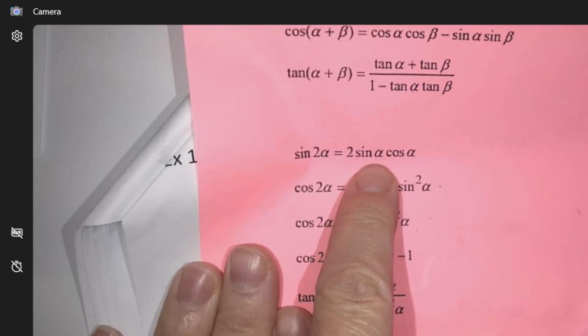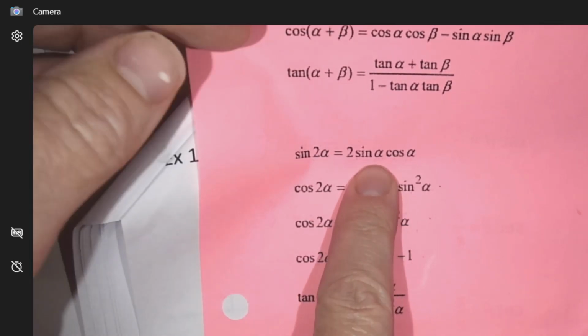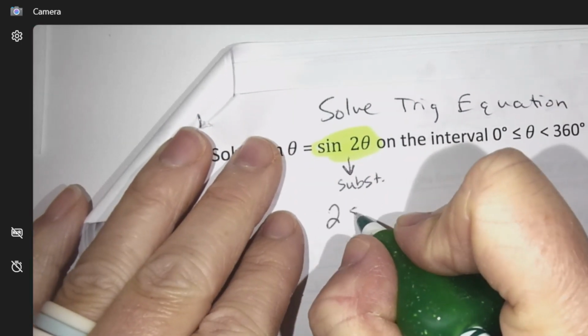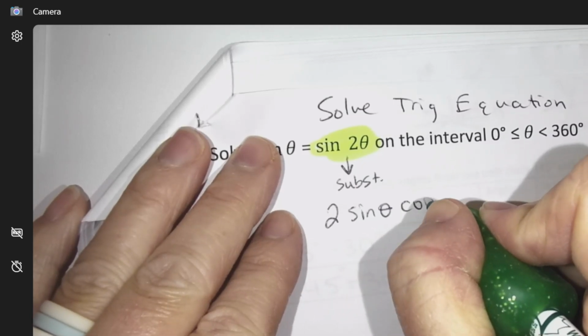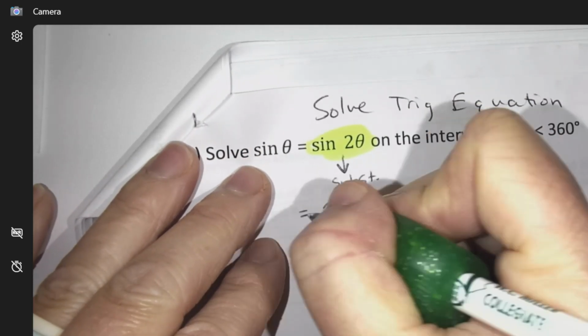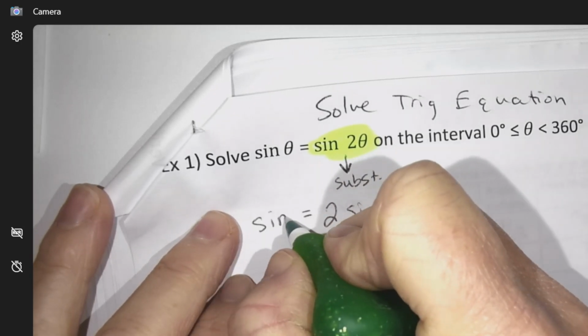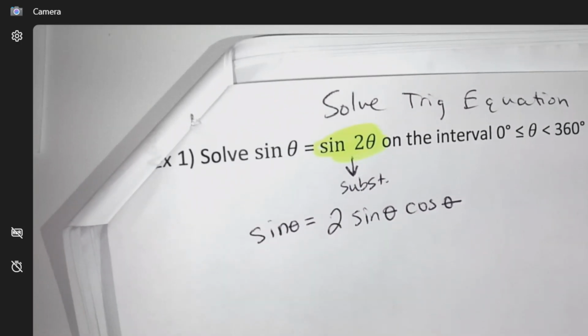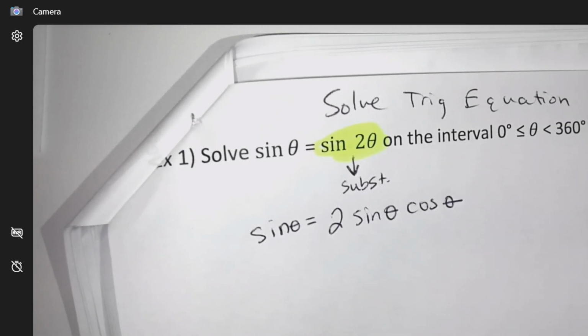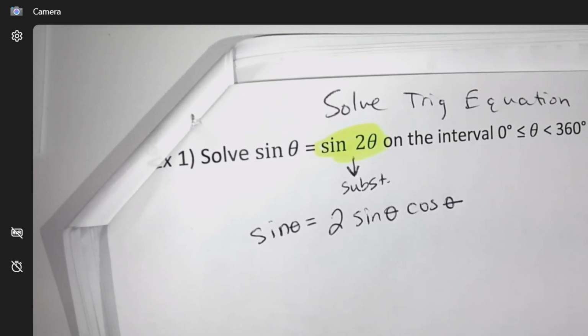Yep. 2 sine cos, so 2 sine theta cos theta. Okay. That's it. That's the new piece. Now all the stuff is grade 11 and then our last unit.